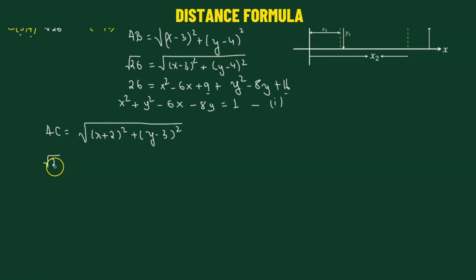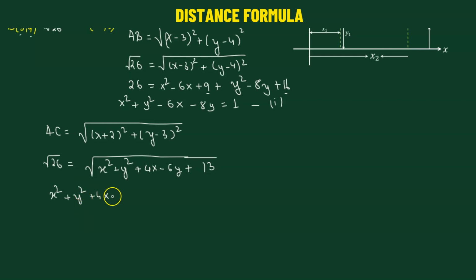We have square root of 26 equals, underneath the square root, we expand the terms to get x squared plus y squared plus 4x minus 6y plus, so 2 squared is 4, 4 plus 9, that's going to be 13. Now we can square both sides and rearrange the terms to get x squared plus y squared plus 4x minus 6y equals 13. So let this be equation number 2.